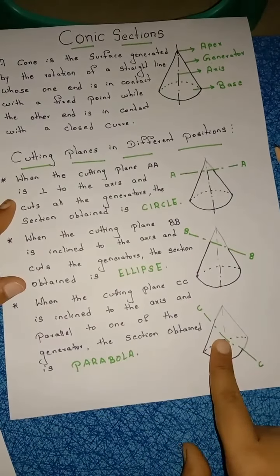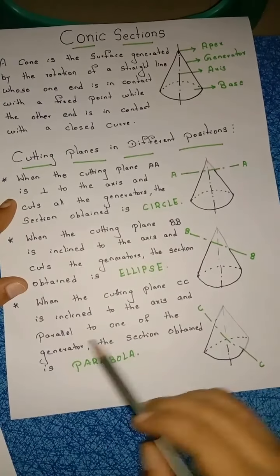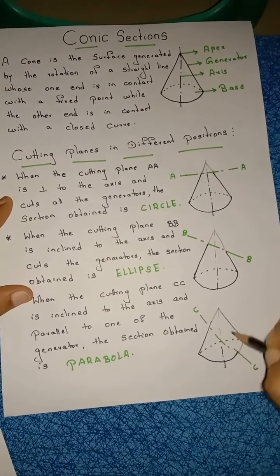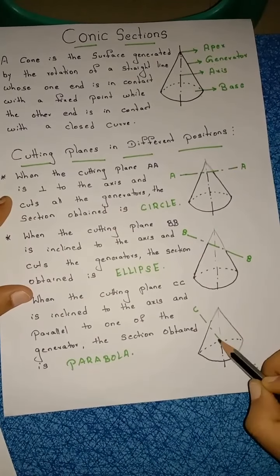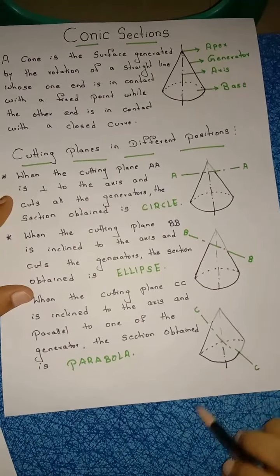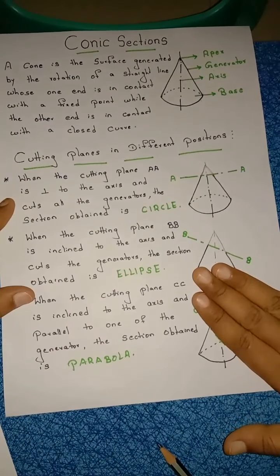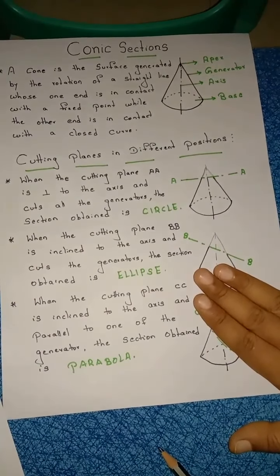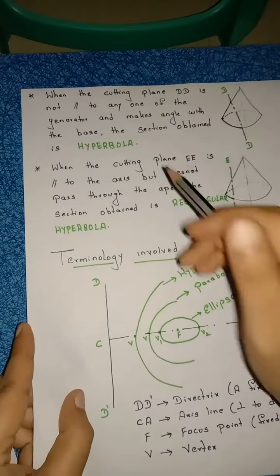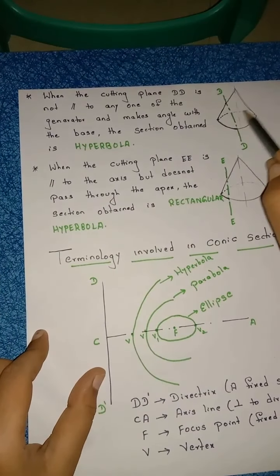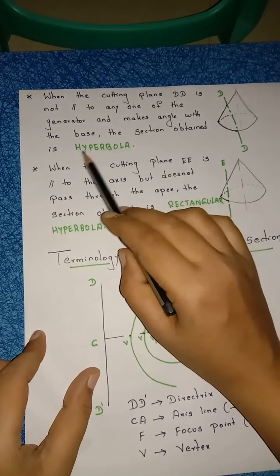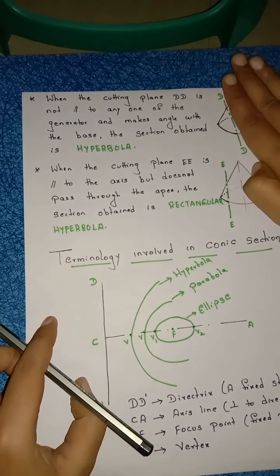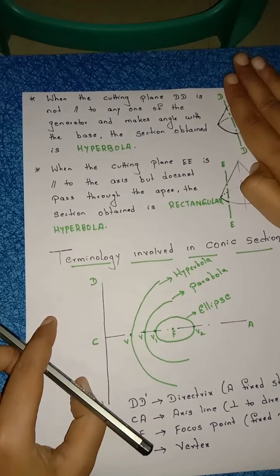When the cutting plane is inclined to the axis and parallel to one of the generators, these slant edges being the generators, if you remove this portion, the section obtained is a parabola. Same way, when the cutting plane is not parallel to any of the generators and makes an angle with the base, if we remove this portion, the section obtained is a hyperbola.